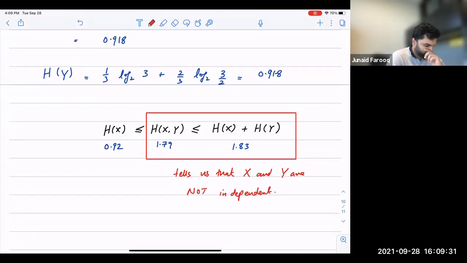If they were independent, then the joint entropy would have been the sum of the entropies of X and Y. But because there is some overlap, or some dependence between X and Y, this is not the case, and we'll see this later as one of the properties of mutual information.